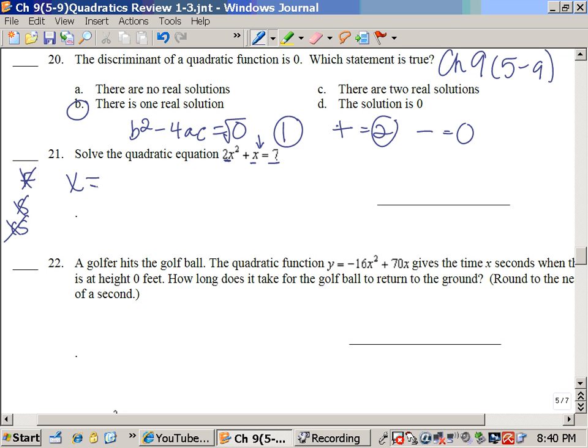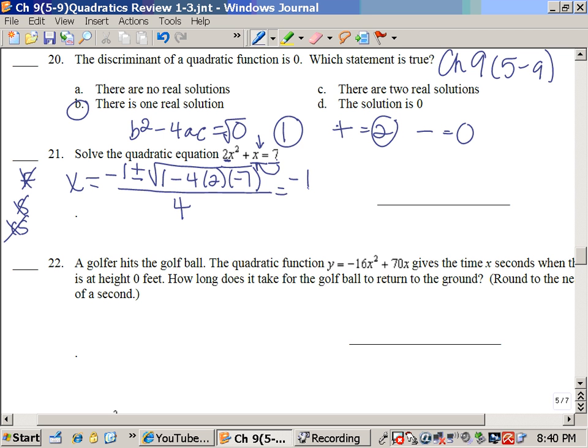Let's go. x equals negative 1 plus or minus the square root. b squared is 1 minus 4 times 2 times negative 7. Now, do you know why I put negative 7? That's because when I took the 7 and moved it to the left, it became negative. All over 2a, which is 4.